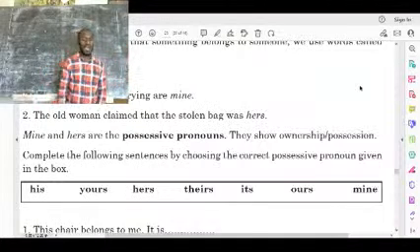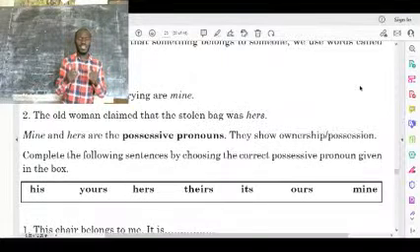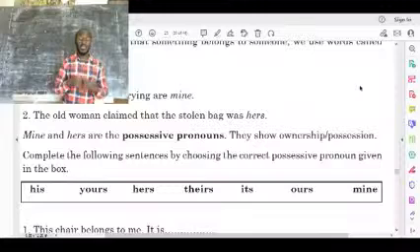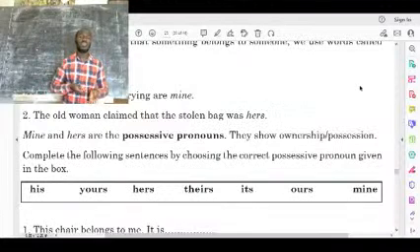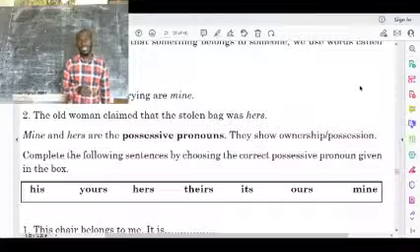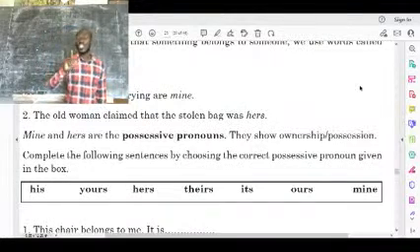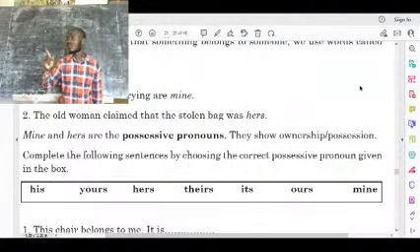Then we also have its. This one here is a possessive pronoun that is used to describe ownership of something that is not human.